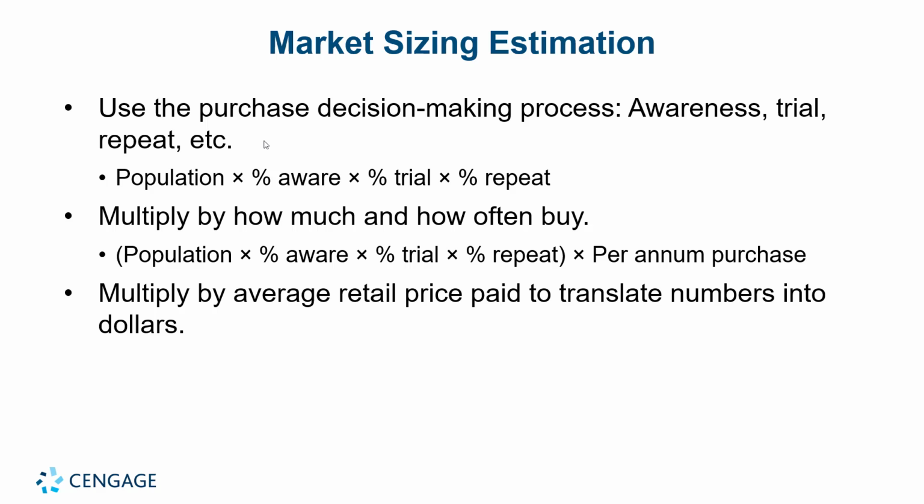If we've got a product and we have some statistics, the proportion of population aware of our product, how many people will actually try it, and then how many people will start making repeat purchases. And then, how much people spend on the product on average, then we can get a potential market size in dollars. So this is a very simplified version of what we discussed when we discussed the market funnel.